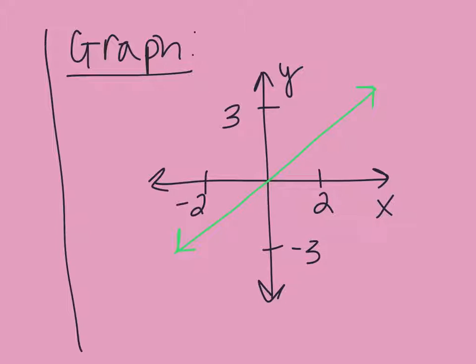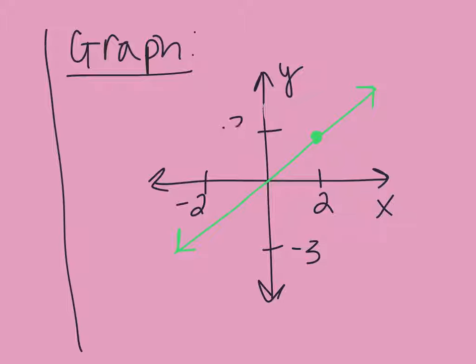Okay, so the first thing you're going to do is pick 2 points on your line. And hang on a minute. This is not right. I'm going to pick this point here. And I want that to be, well, it looks more like 2.